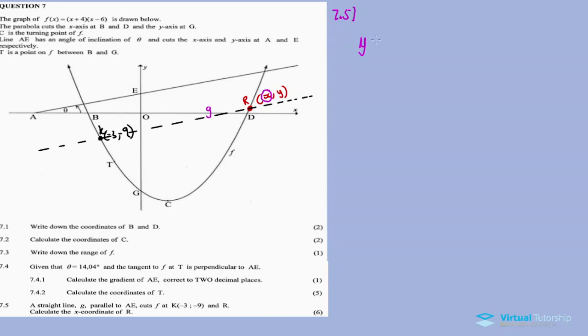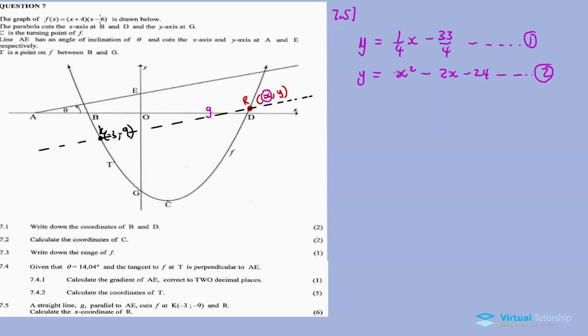We have equation 1, which is y equals 1/4 x minus 33/4. Equation 1, function g. Function f, y is x squared minus 2x minus 24. Equation 2.